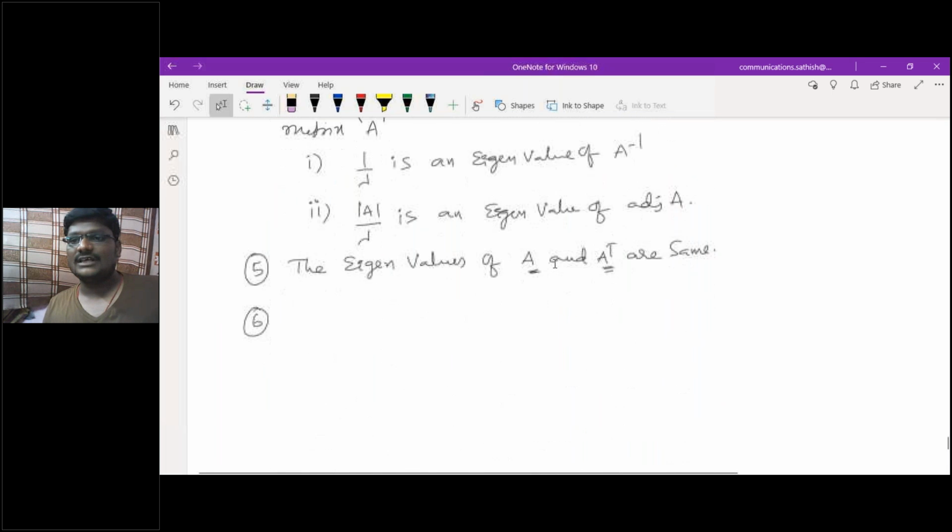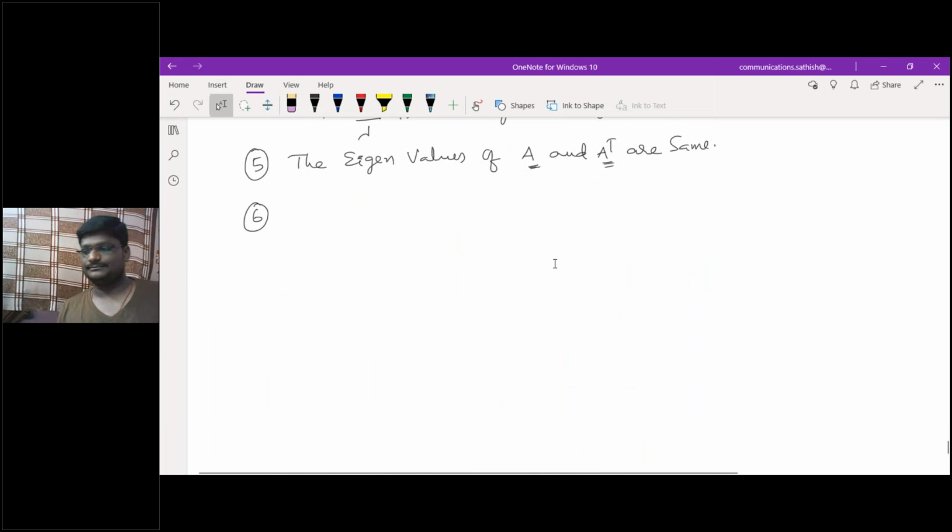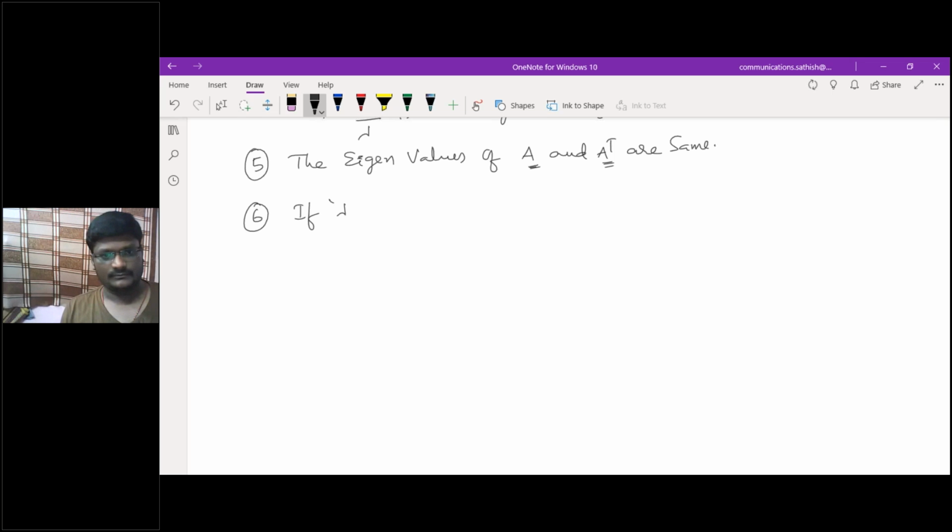The eigenvalues of A and A transpose are the same. Yes, sir.